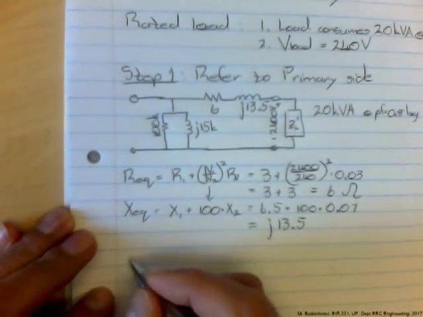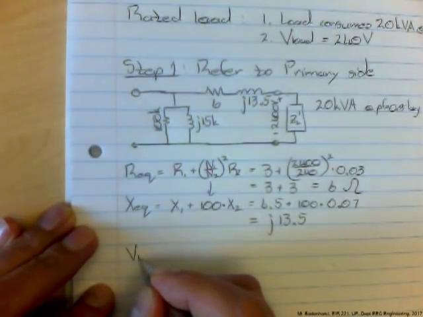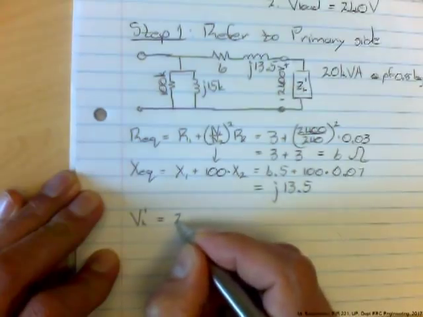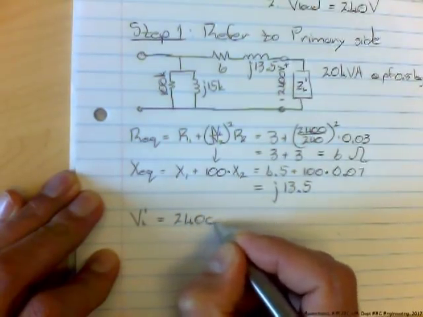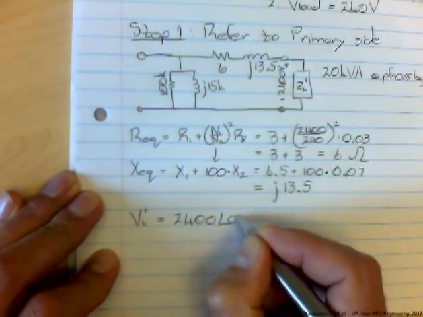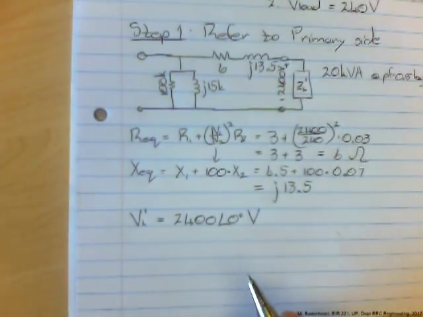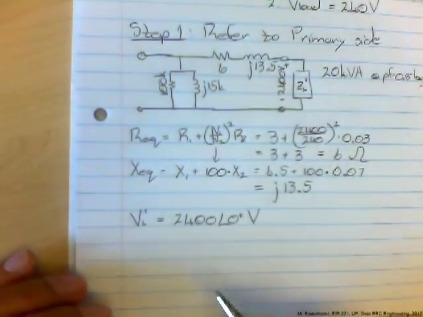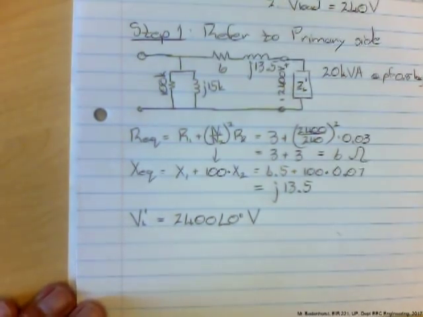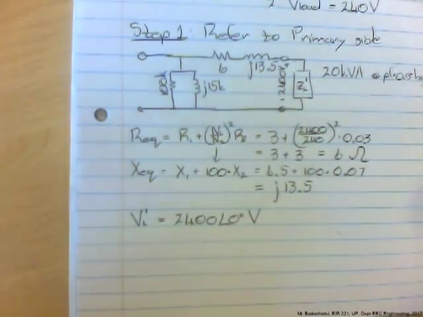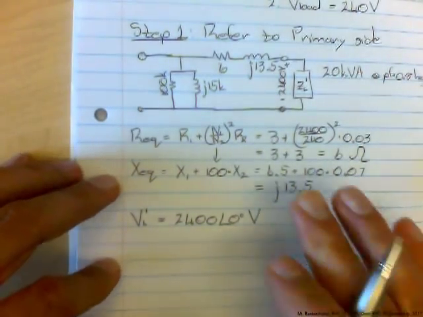So we have V load prime equals 2400 angle 0 degrees volts, and we choose 0 degrees as our reference because that's where we're starting to solve the whole thing. Right, so now everything has moved over to the primary side.